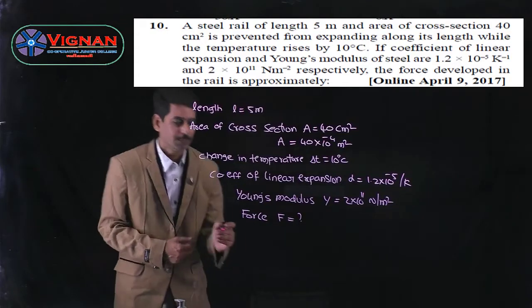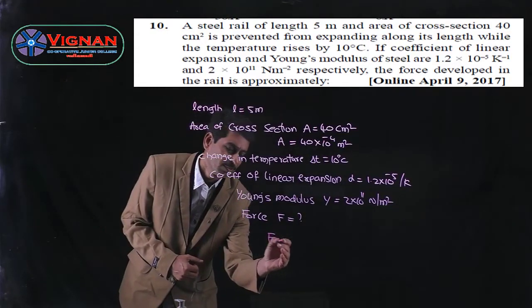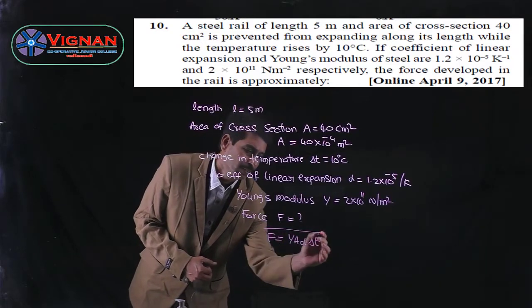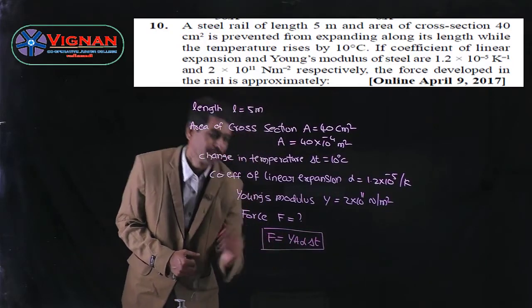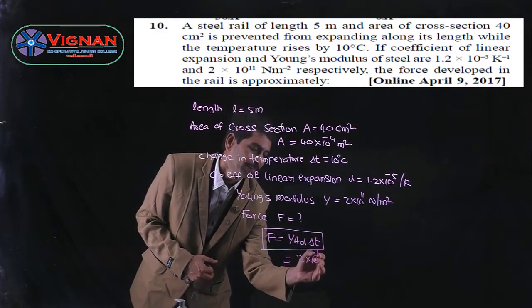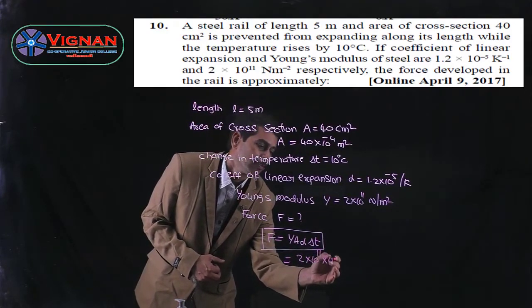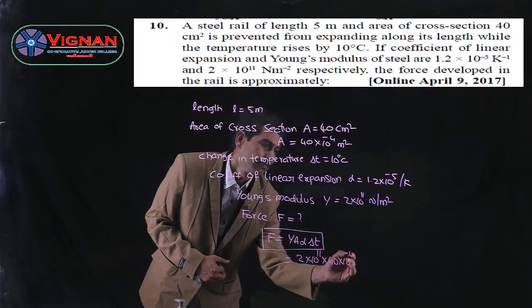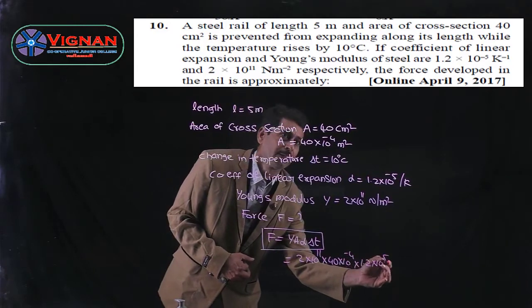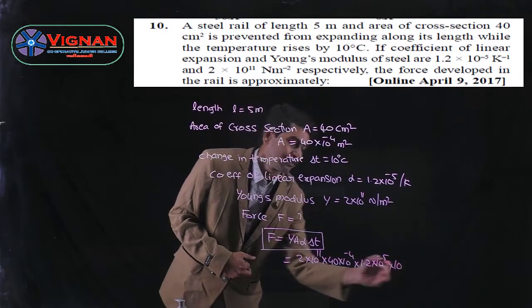And we know the expression for the force is F is equal to YA alpha into delta T. So this is the formula for the force developed, which can be found by using Y is 2 into 10 power 11, area is 40 into 10 power minus 4, alpha is 1.2 into 10 power minus 5, whereas delta T is 10.